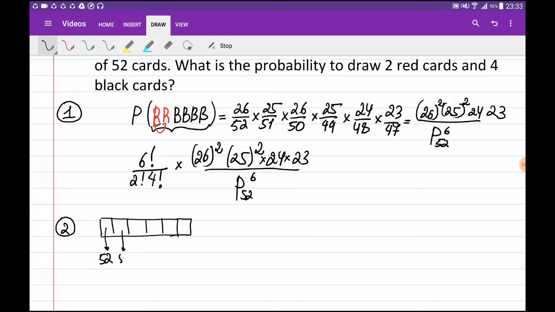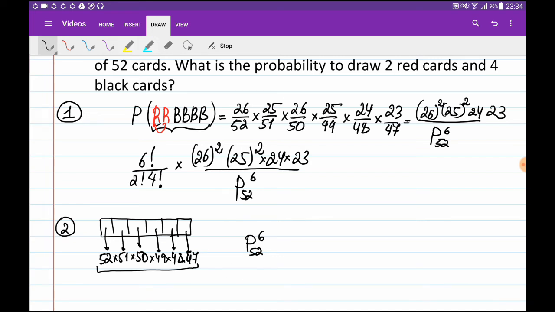In the second place I can choose from 51, then 50, then 49, then 48, then 47. So if I choose 6 cards without replacement, there are this many ways of taking different cards in different order. Basically this is the permutation of 52 and 6. So this will be my sample space.